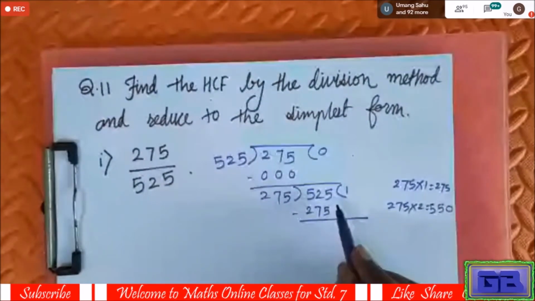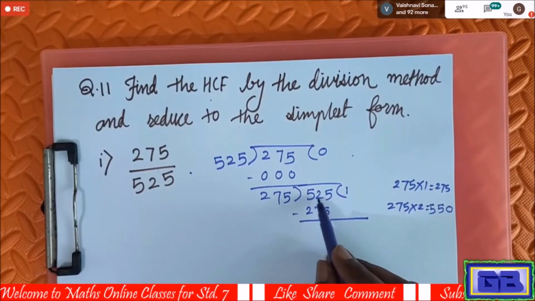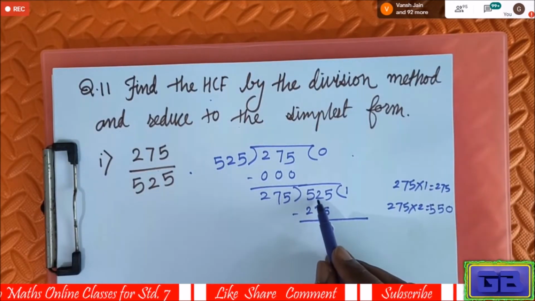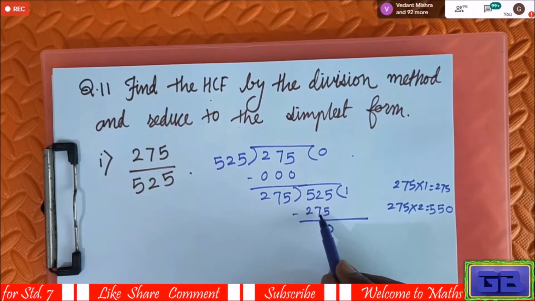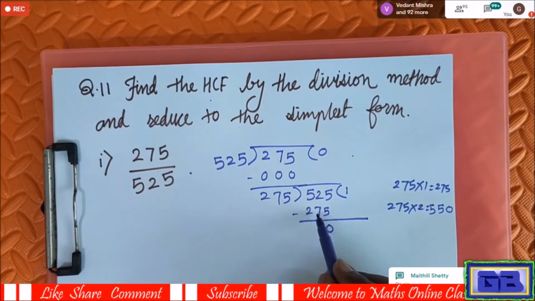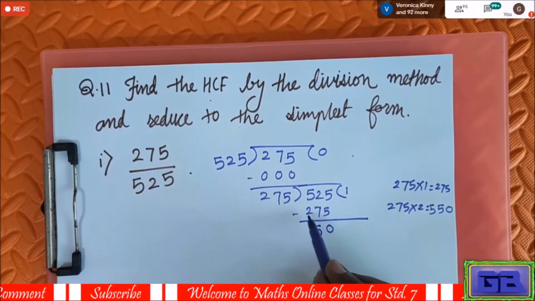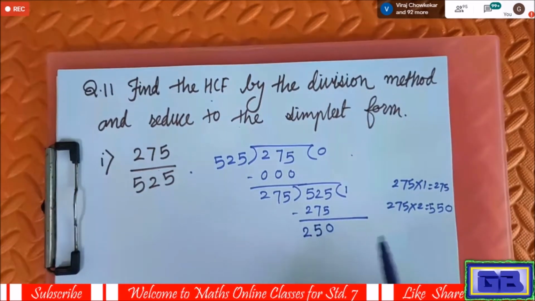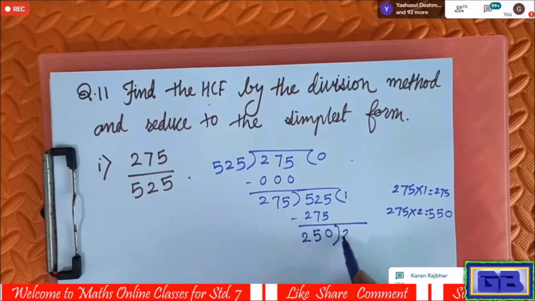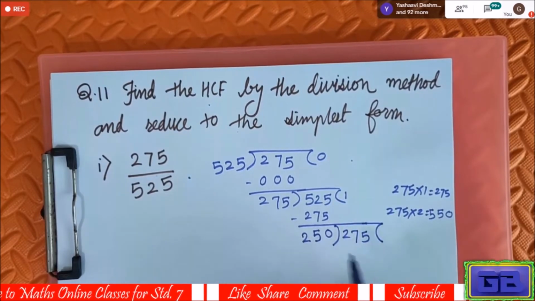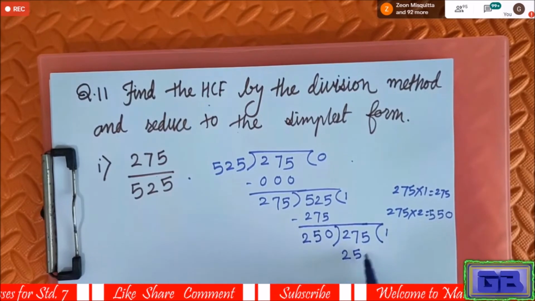Do the subtraction. 5 minus 5, 0. We have to borrow 1 from 5, so this 2 becomes 12. Now 12 minus 7 is 5. And 4 minus 2 is 2. Take this 275 down. Here 250 ones are 250.